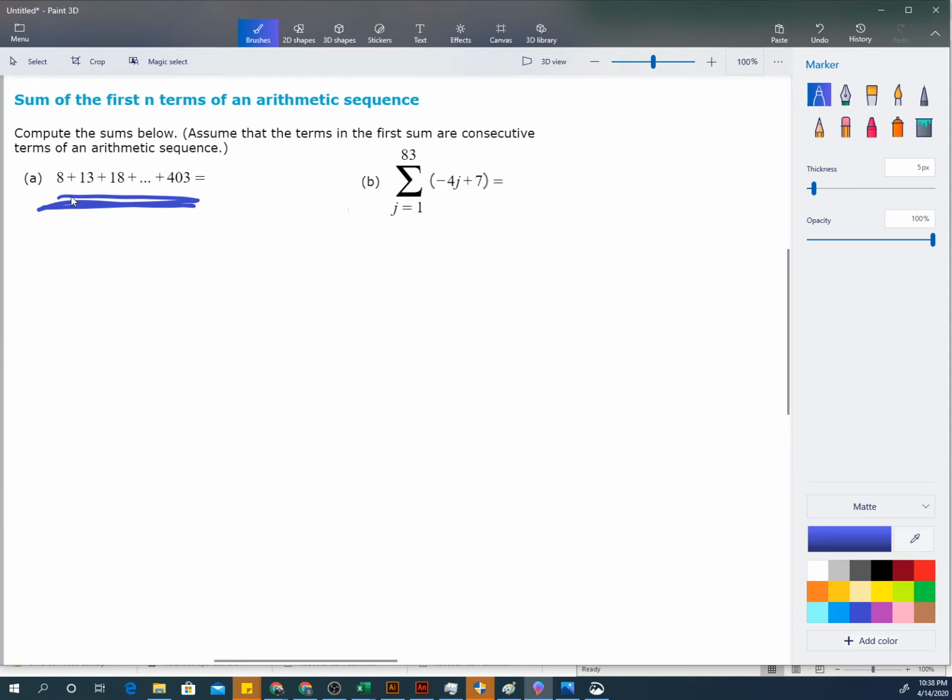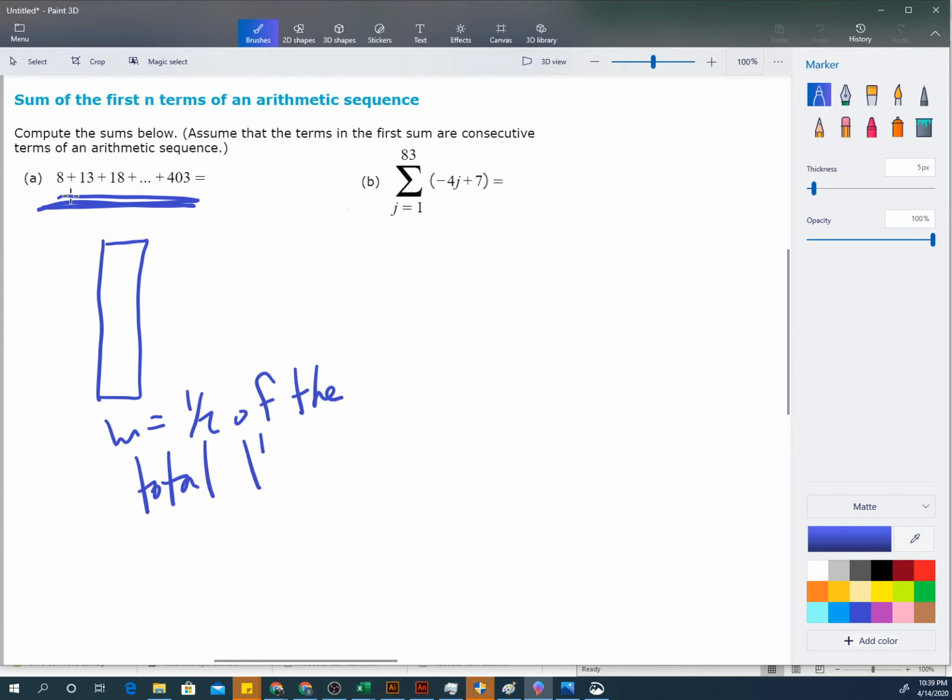All right, so remember, our goal is to figure out our rectangle where the width is 1/2 of the total number of numbers, and the height is going to be the first plus the last.